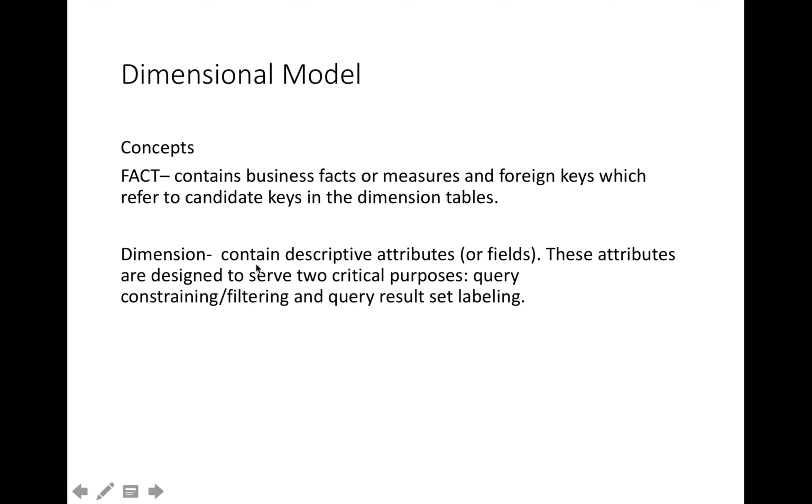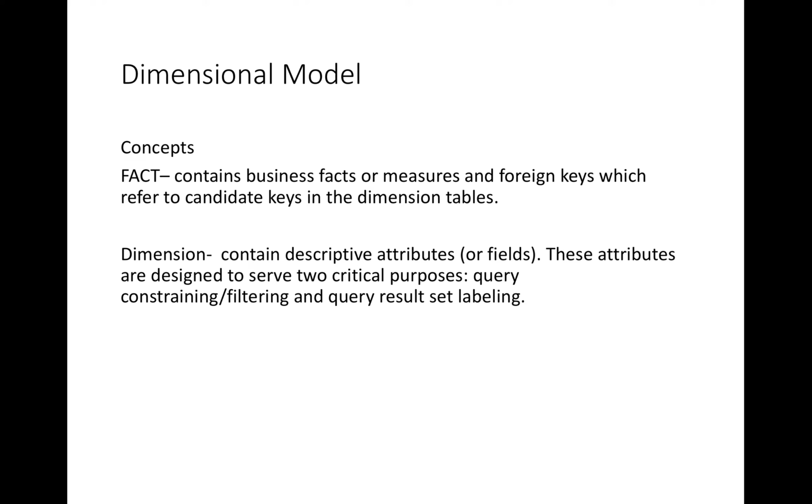Dimension is basically the descriptive attributes. For example, time is a dimension, or a store location is a dimension. There are a variety of dimensions surrounding the fact. The fact table will have the actual fact, and it will have keys to all the dimensions, so that I can query the data by joining the fact with the dimensions.